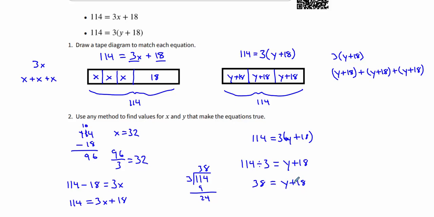So what number plus 18 is 38? If I subtract 18 from 38, I get 20. So y is equal to 20.